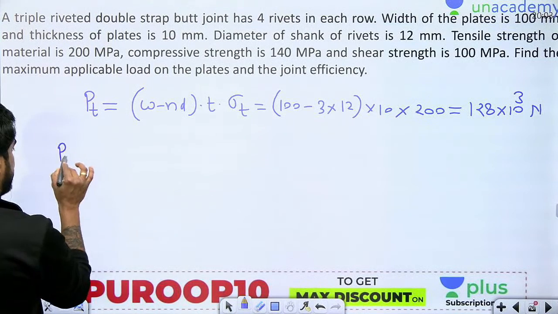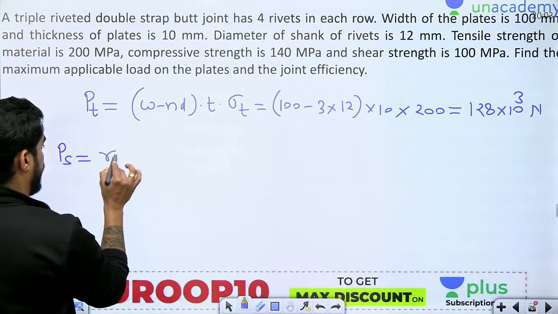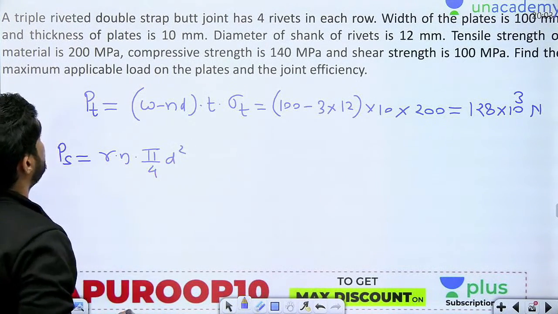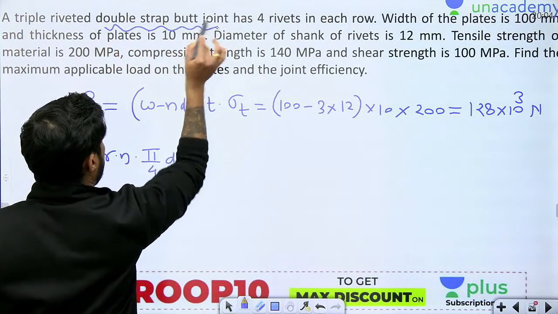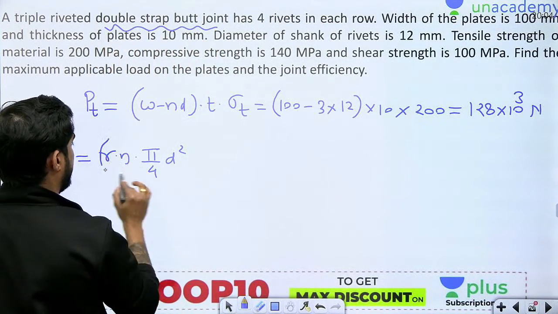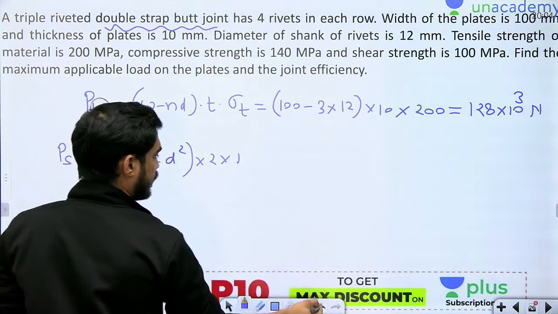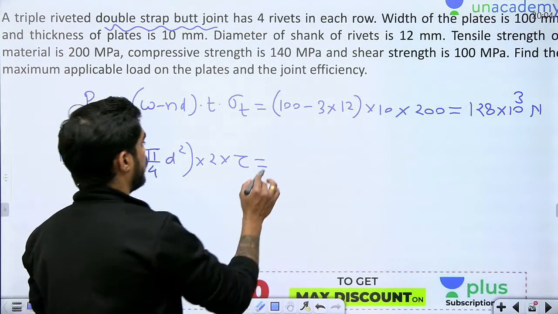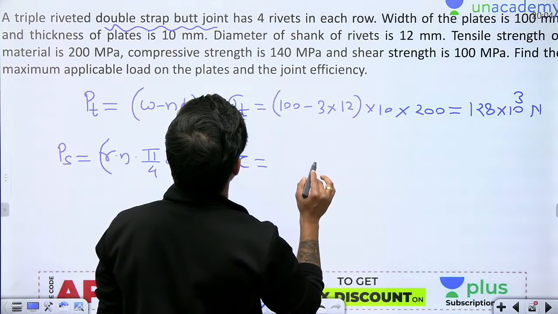Then PS, R into N, total number of rivets into pi by 4 D square. But this is a double strap butt joint, and in case of double strap butt joint, the area will be 2 times, so multiply by 2 into tau.